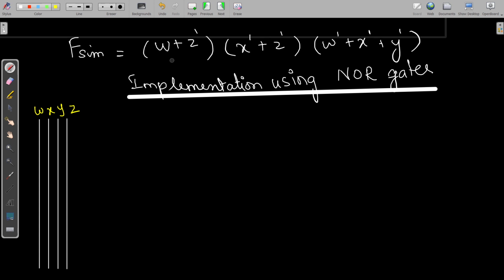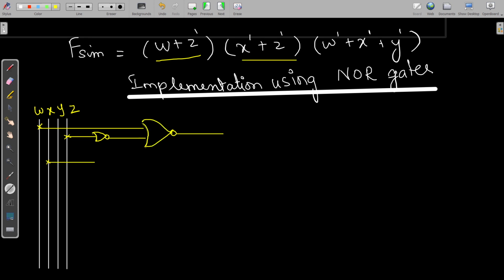The first term is w plus z'. So we take the connection from w, then from z, which must be inverted, so we get z', and these two are given to a NOR gate. x must be inverted to get x', and similarly z must be inverted to get z'. So here we get x', here we get z', then they are given to a NOR gate.